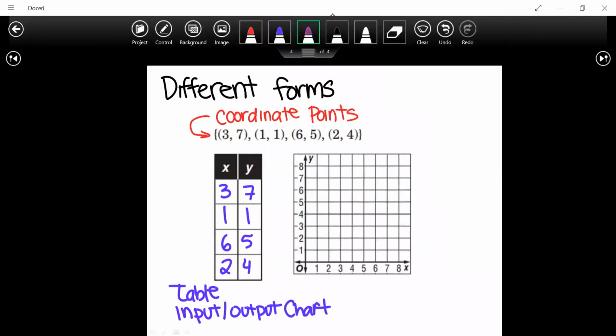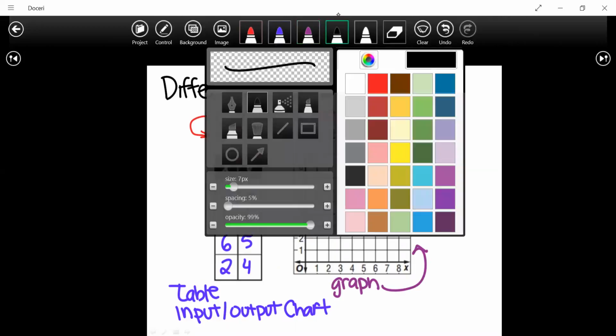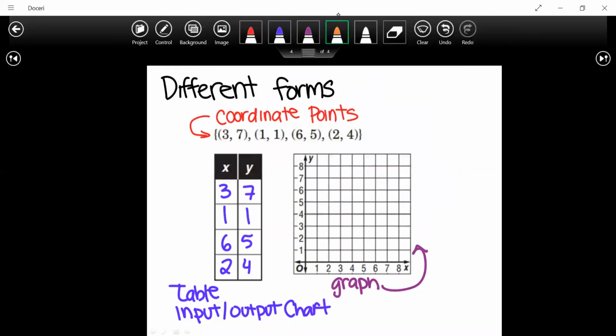This is just a graph. These are definitely the 3 different types of forms you will see.